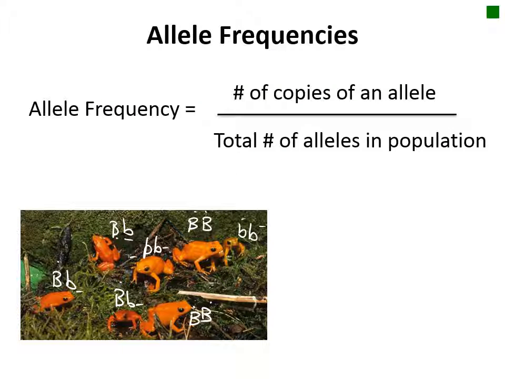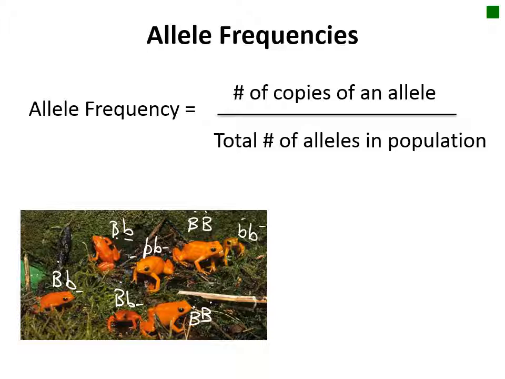In order to measure the amount of genetic variation in a population, you must know the rates of occurrence of the alleles in the population's gene pool. Rates of alleles are calculated by determining the allele frequency, which is the number of that particular allele present in the population, divided by the total number of alleles in the population. If we go back to our population of frogs from earlier, we can calculate the allele frequencies for this population.